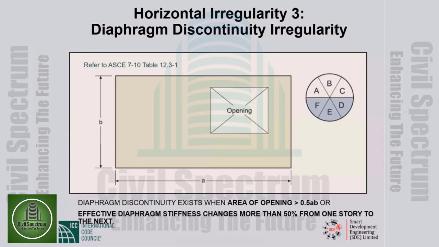The metal decks are all topped with concrete in the floors, but the roof metal deck is almost never topped. So the roof is on top, the floors are topped. So between the top floor and the roof, there is always a 50% difference. Do all of those buildings have diaphragm discontinuity irregularity? That has been a controversial topic.